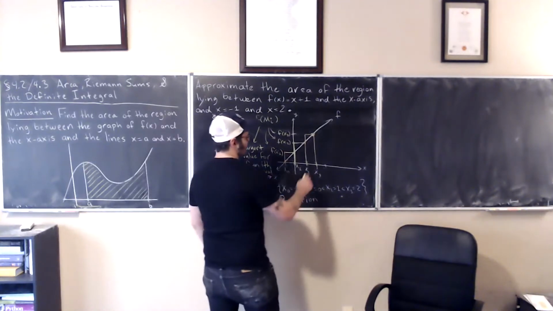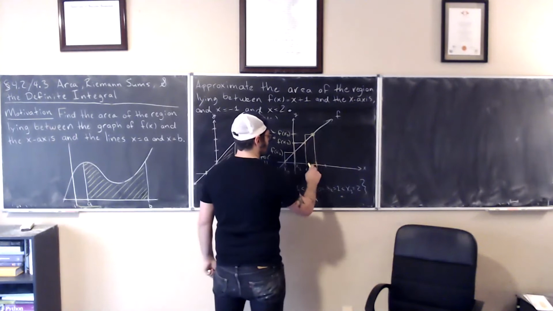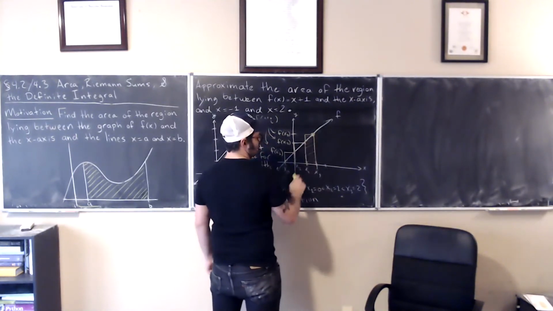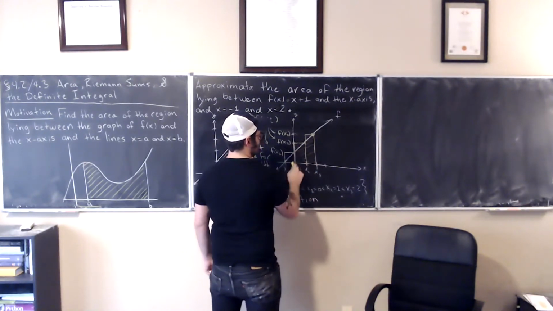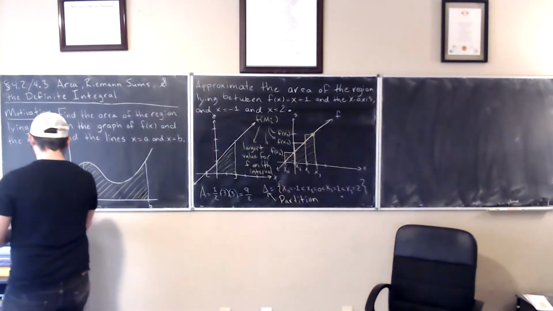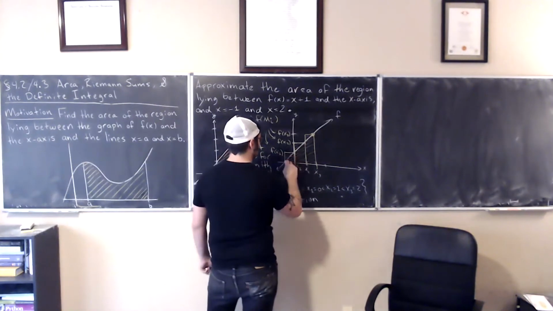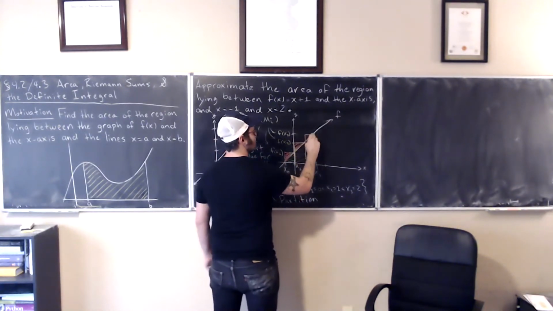Now, in order to approximate the true area, I can just take that area and add it with this area, and then add it with this area. And of course, there is error here. Like that's error, that's error, and then here's error.